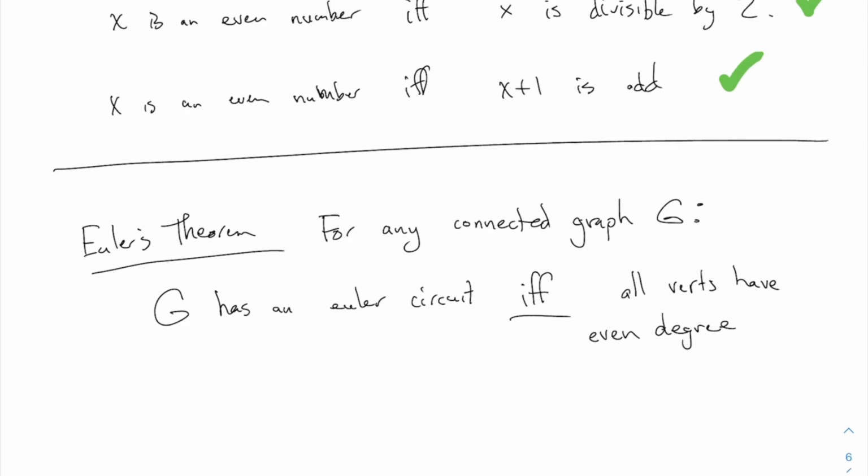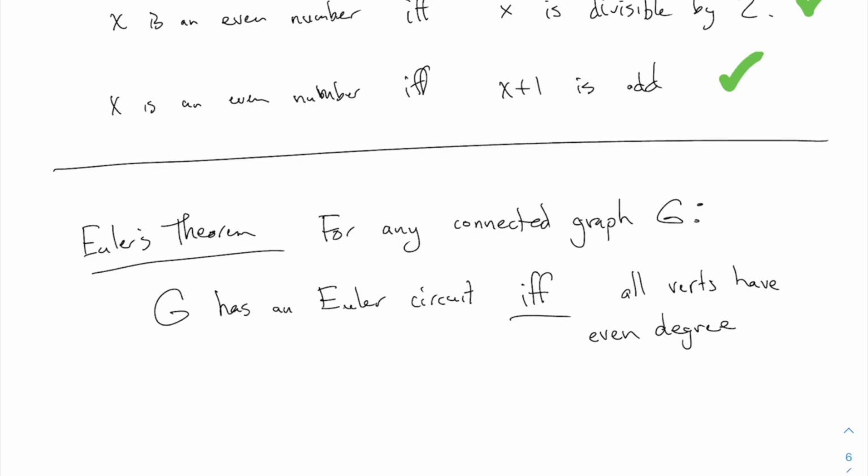All vertices have even degree. That's it. An Euler circuit is equivalent to saying that all the vertices have even degree. I should probably capitalize Euler. All right? This is Euler's theorem about Euler circuits.